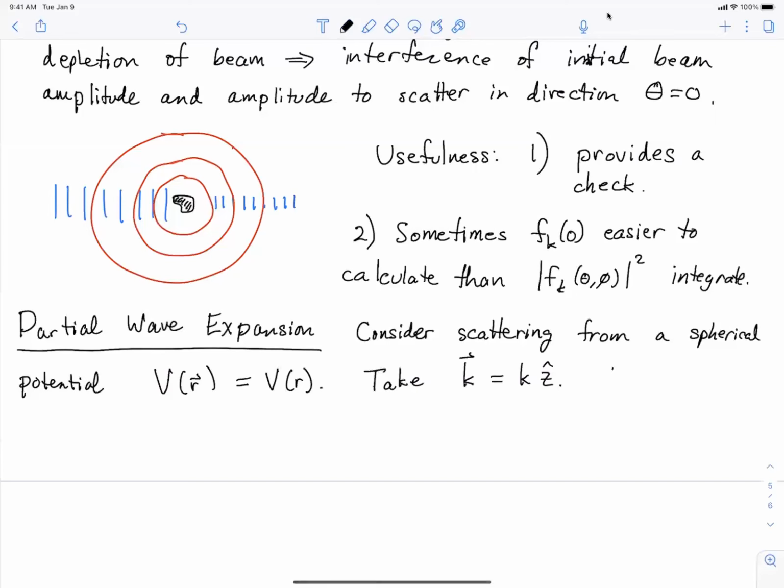Okay, and then it turns out to be true. Actually, let me put in parentheses why it's true. It's the fact that any function of cosine theta, which our scattering amplitude will be because it doesn't depend on phi by azimuthal symmetry when I have a spherically symmetric potential, any function of cosine theta can be expanded in Legendre polynomials.